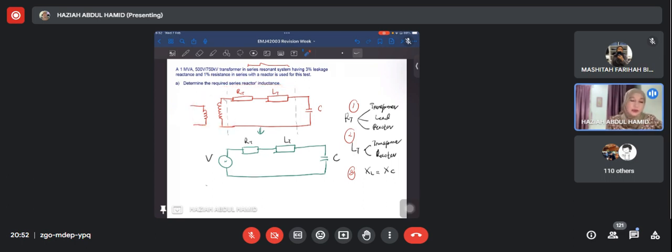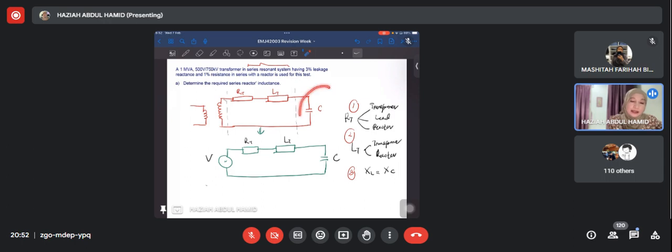For this resonance circuit, we only consider the inductance caused by the reactor and also the transformer. Please remember, the purpose of the series resonance circuit here is to produce AC to test this capacitor. So the capacitor is already fixed. This is the test object, the test object's capacitance.